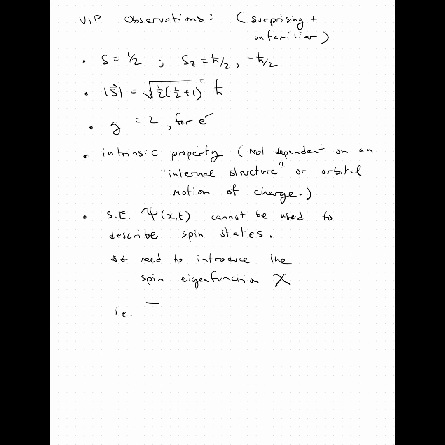So the total wave function, when considering electron spins, instead of using psi, we need to consider psi times chi. So there's a product of psi and chi that's needed to describe the wave function, including spin.